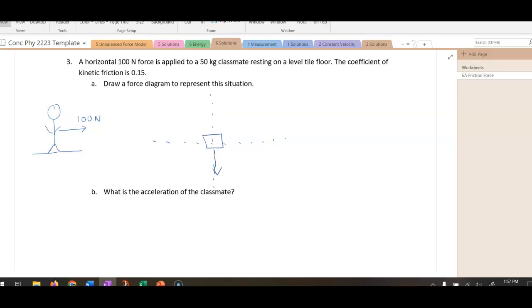So the classmate has a weight, and her mass is 50 kilograms. We multiply that by 9.8. Her weight is 490 newtons. Someone is pushing her, so I'm going to call that an applied force.